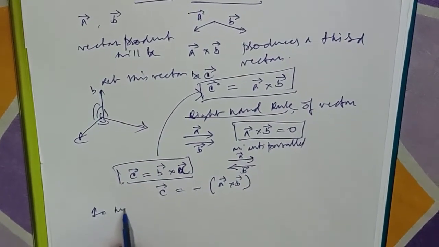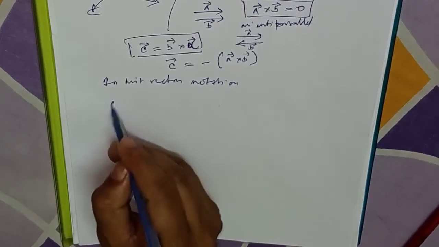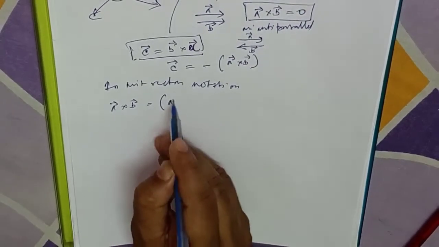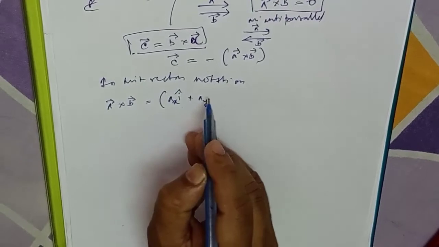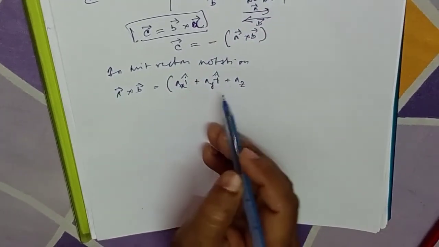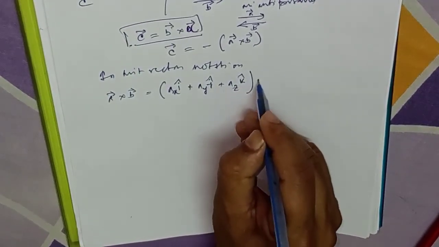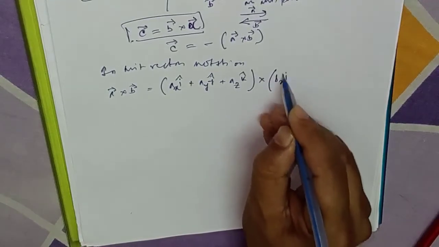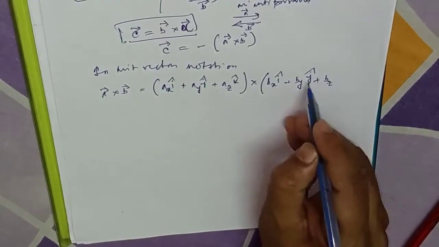In unit vector notation, we can also write vector A cross vector B, from what we have learned previously, as: the component of x is i, component of y, ay, is j, plus component of z, az, is k cap. Then B will come, so it will be bx i plus by j plus bz k cap.